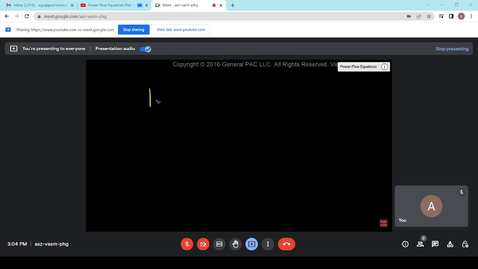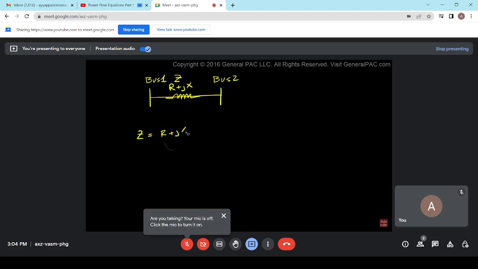So when we have a conductor that spans from bus 1 to bus 2, this conductor or the transmission line has some impedance and to model this impedance we have to have a resistive component and a reactive component, and that essentially equals Z is equal to R plus JX.